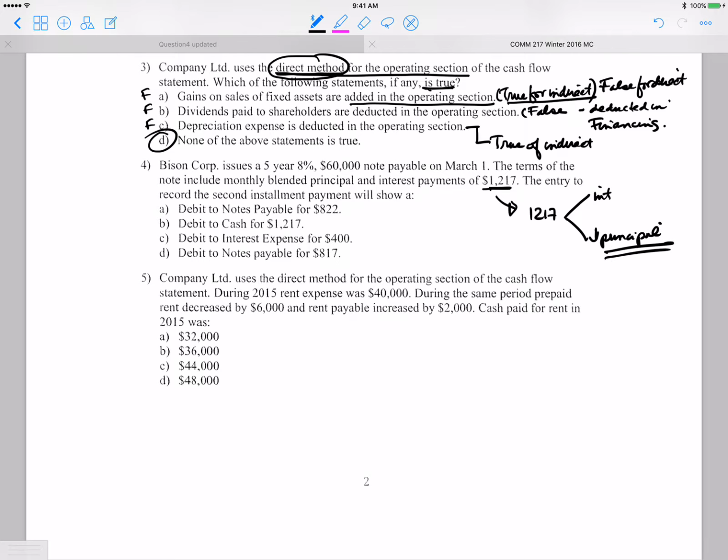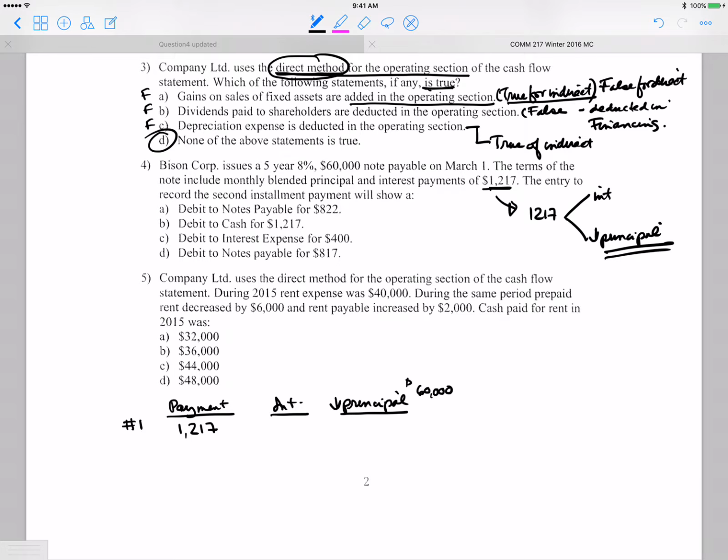So let's just go through this month by month. Okay, so month number 1, your payment is $1,217, and part of that payment will be for the interest, and the other part will be your reduction in principal. At the first month, remember your original note was for $60,000.